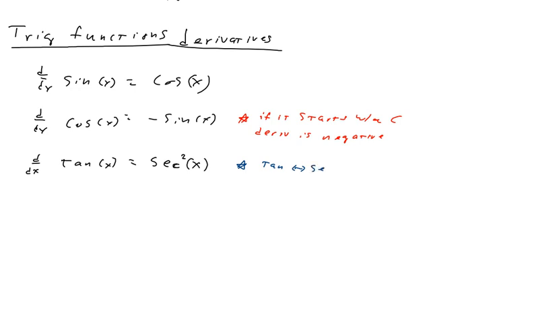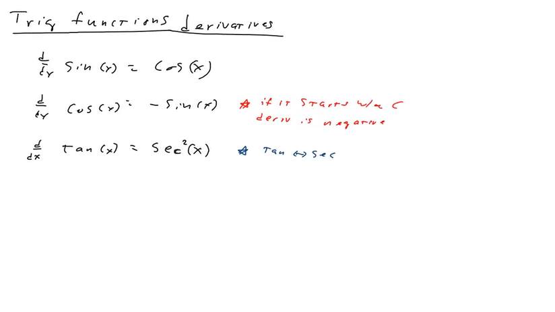Let's look at the other ones. Let's do secant. The derivative of secant is secant x times tangent x. Secant x times tangent x.